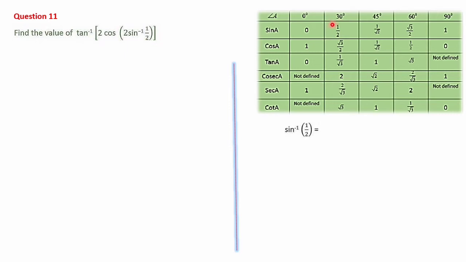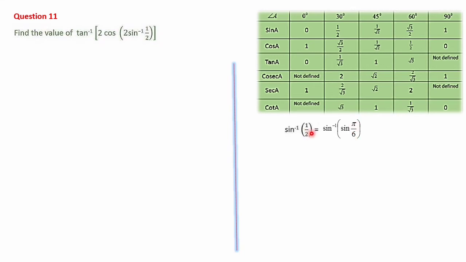So here it is 1 by 2, that is 30 degree angle. 30 degree angle means when we convert this degree into radians, it comes as pi by 6. So this entire term we can write it as sine inverse of sine of pi by 6. 180 by 6 is 30 degree.